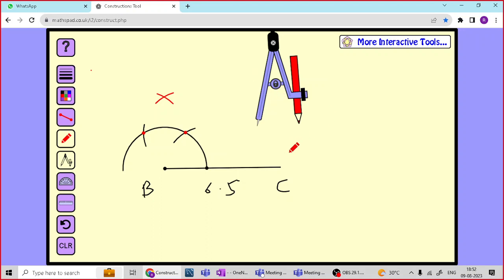Yes, sir. In compass and protractor, sir, how many centimeters should that be? What is the base length? 6.5, sir. Okay, it should be less than half of it. It can be 3 or less than that. Usually they take only 2.5 and 3, Mariana. So you can take 2.5 or 3. Okay, sir.